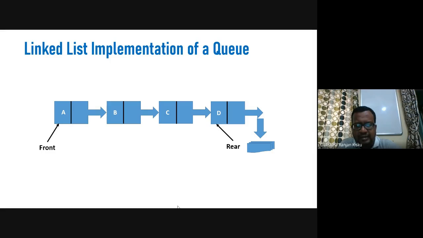Another pointer will point to the last node of the linked list, and this pointer will be called the rear pointer. So the front pointer will point to the first node, the rear pointer will point to the last node, and the entire linked list will be pointed to by the front pointer.